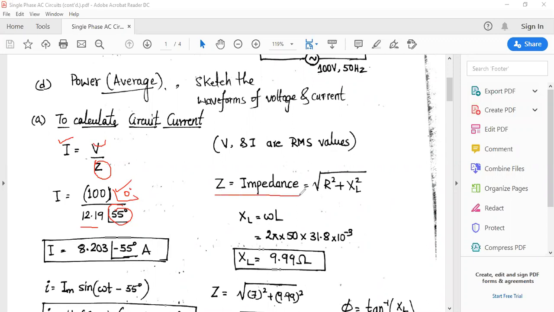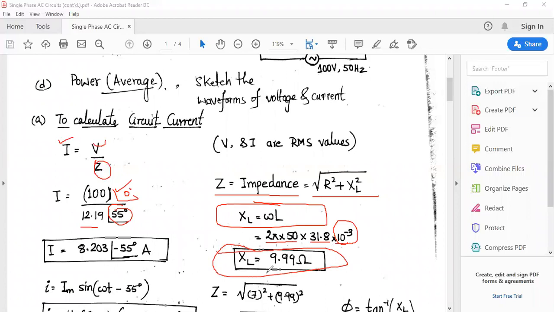You can calculate the impedance. Z equals root of R squared plus XL squared. XL is the inductive reactance, which is 2 pi f into L, with L in millihenry. So XL can be written as 10 ohm, or 9.99.